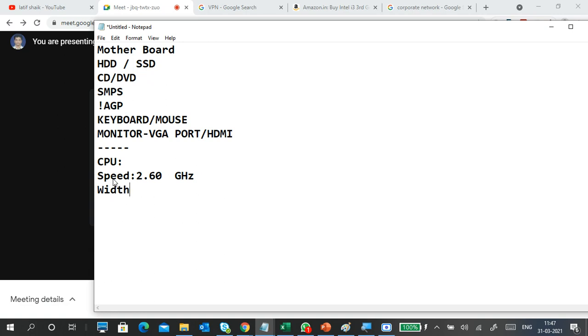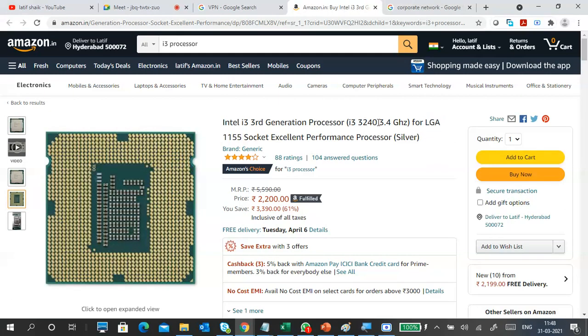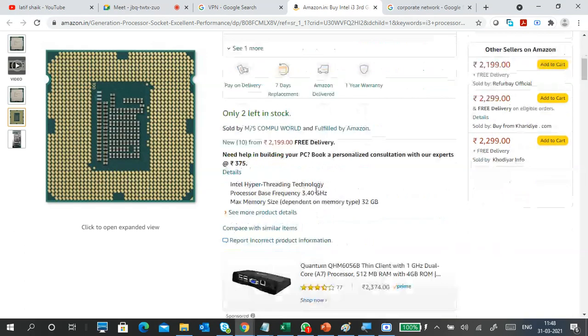The width is what type of bit it is, so you have to verify that. There are 32-bit processors and 64-bit processors, and which bit processor you are using is also very important. For example, here the speed mentioned is 3.4 gigahertz, and of course it is 64-bit only. The maximum memory size is 32 GB.